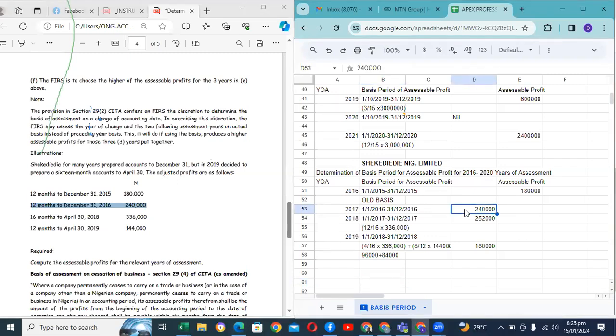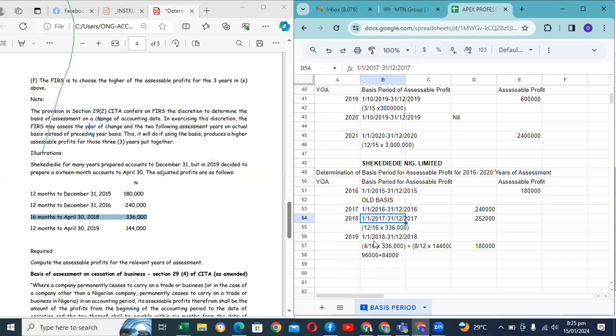Then you start a day after the end of the previous one. That's 1/1/2017. And then still follow the usual accounting year end, the 31st December. But you know this profit here is 16 months. So you bring out the 12 months out of it because the basis period is for 12 months. Do you understand? Okay. Yes, sir.